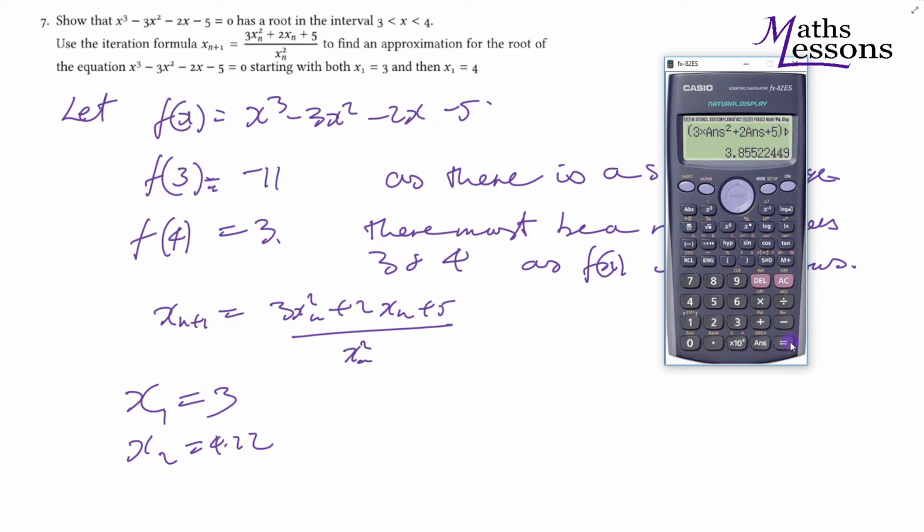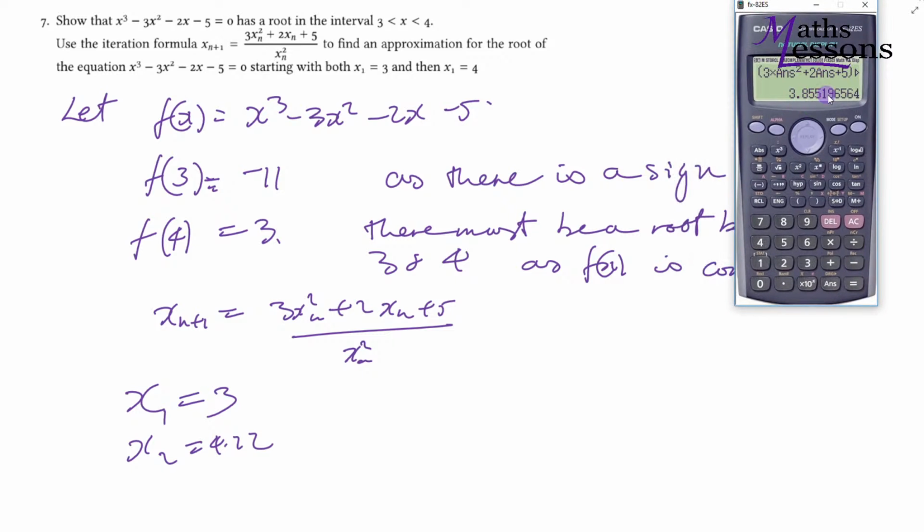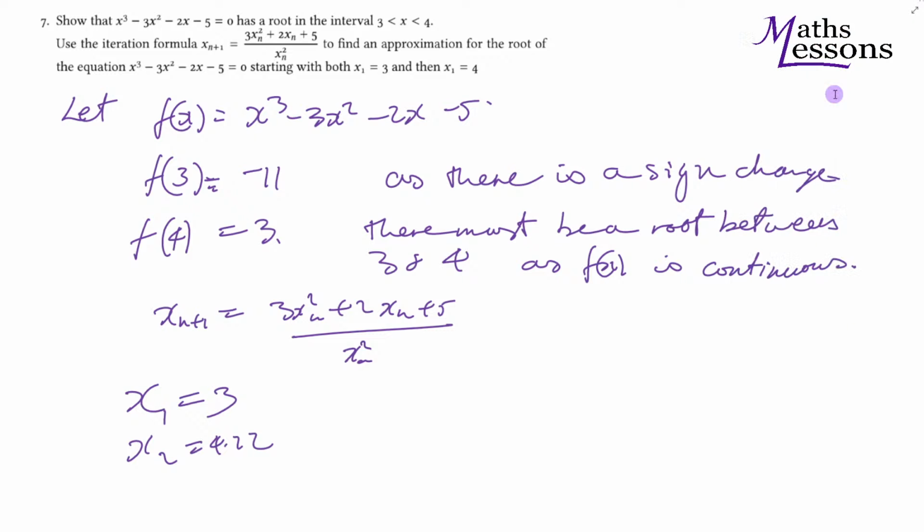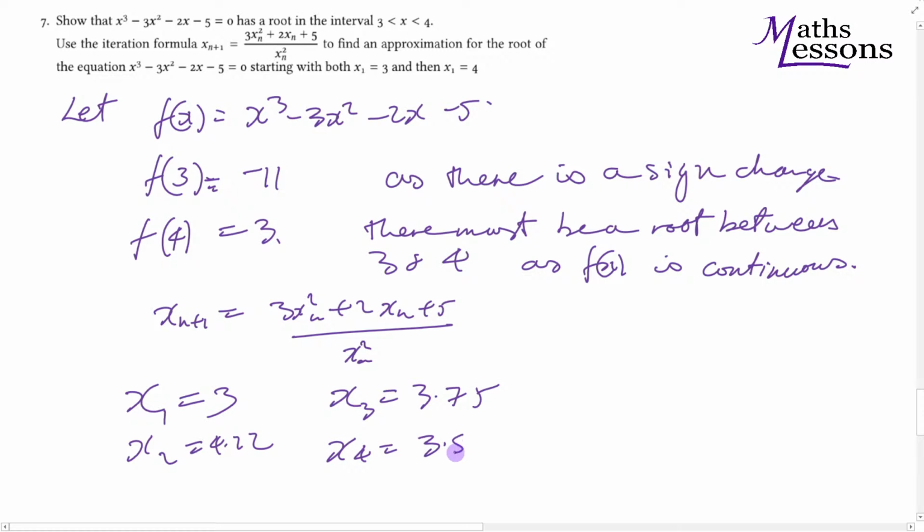And we can see that to 3 decimal places, we're getting to 3.855. Now you need to show a few more values than that. So x3 is equal to 3.75 it was. x4 was equal to 3.878 even. And x5 is 3.84. And so on and so on.